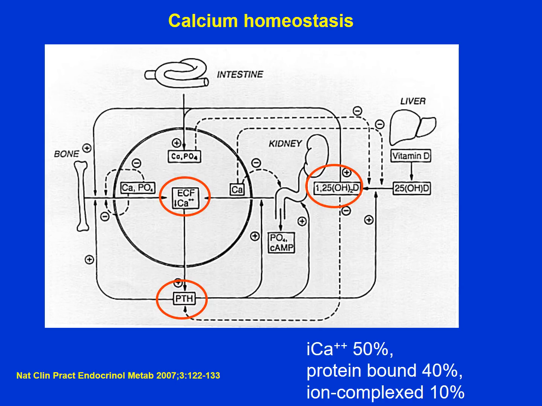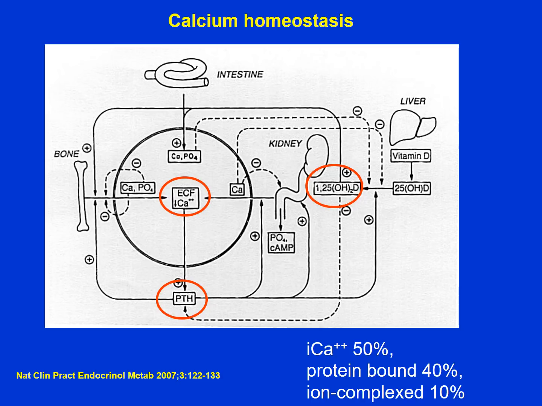In the extracellular fluid, about 50% of the calcium exists in the ionized or free form, and that's the bioactive form. The other 50% is either protein bound, mostly to albumin because that's a very abundant protein, but also to other proteins in the circulation, and about 10% exists in an ion complexed form, and the bound and free forms are in equilibrium. It's the ionized form which is bioactive.